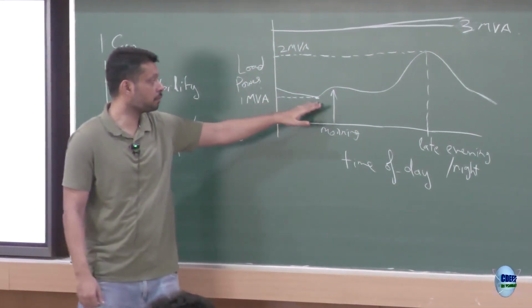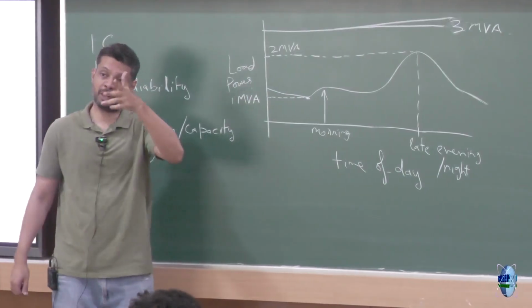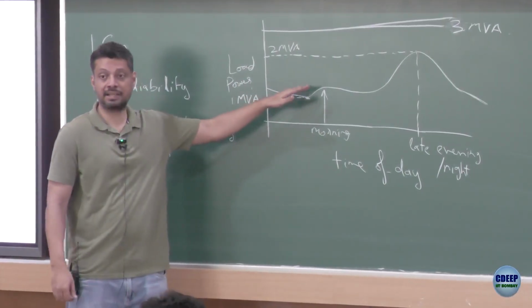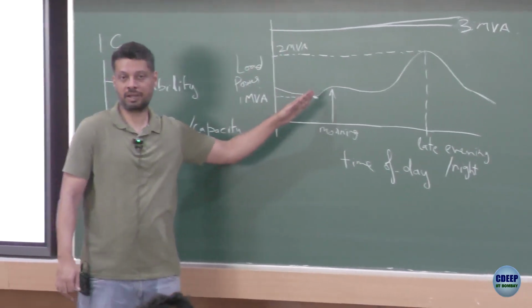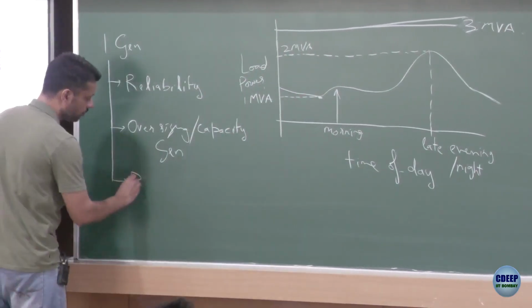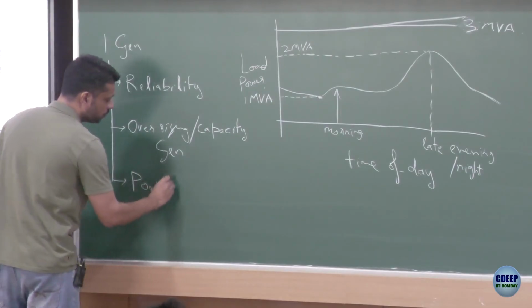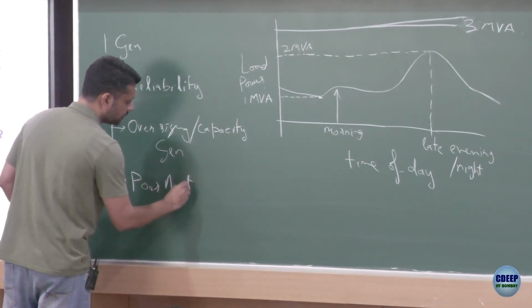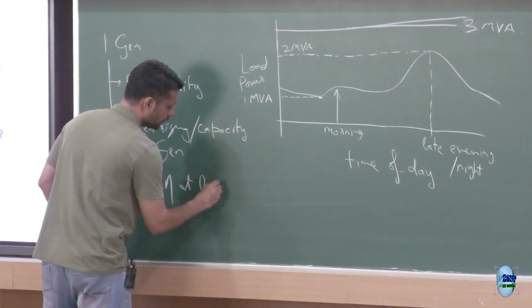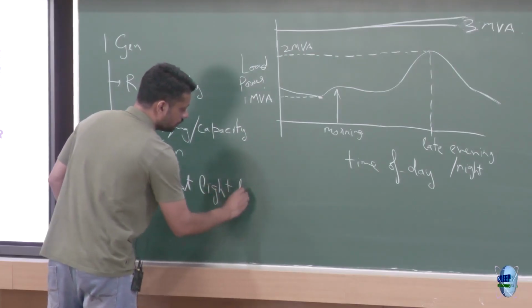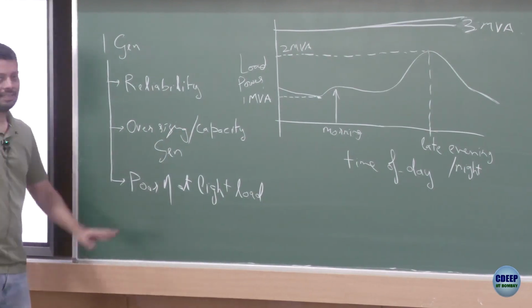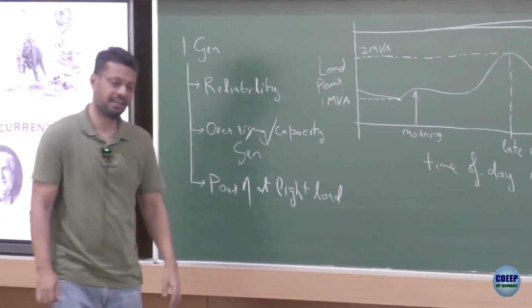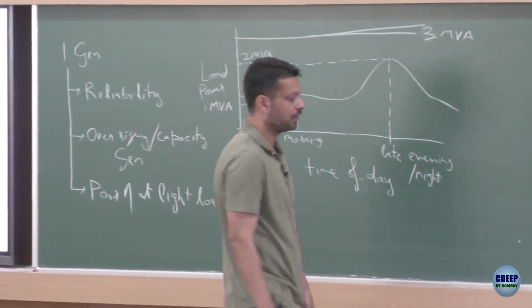So imagine at this point if you had only a 1 MVA generator, running that would have been much more efficient than running a 3 MVA generator to provide 1 megawatt of power, right. The third problem was poor efficiency at light load, right.